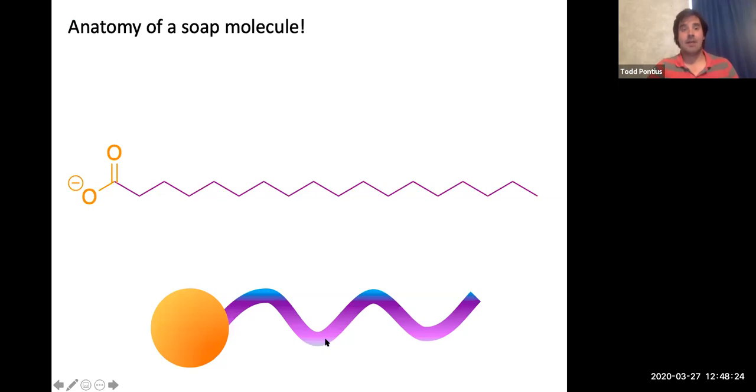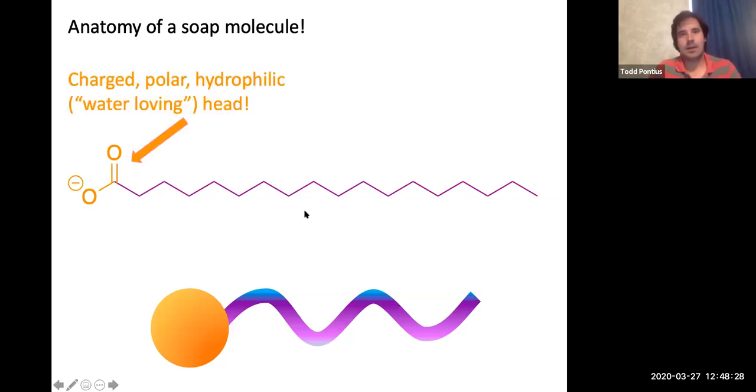Presenting the anatomy of a soap molecule. A soap molecule consists of a charged polar head. We say that it's hydrophilic. Hydrophilic literally means water-loving. Because, as we discussed before when we did the like dissolves like rule, things with charges, things with polarity, they really like interacting with water.